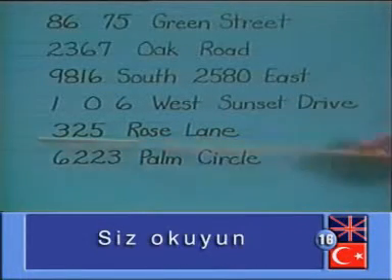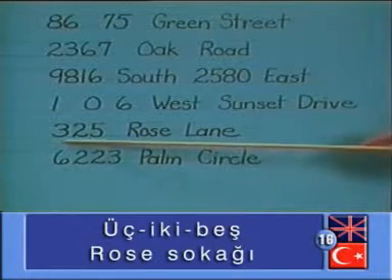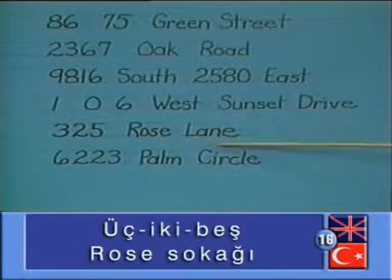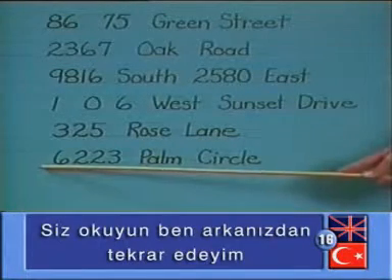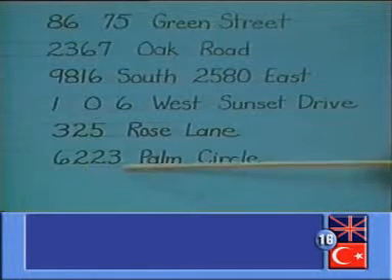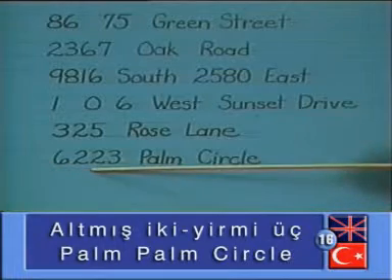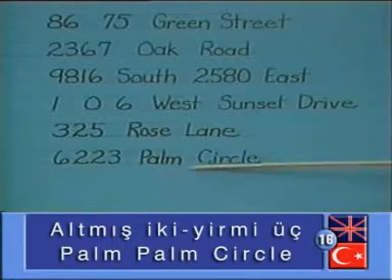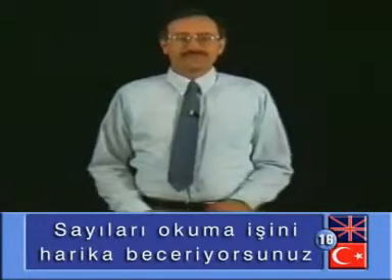You read it. 325 Rose Lane. Now let's look at the last one. You read it. Then I'll repeat it after you. 6223 Palm Circle. What a great job of reading numbers you're doing.